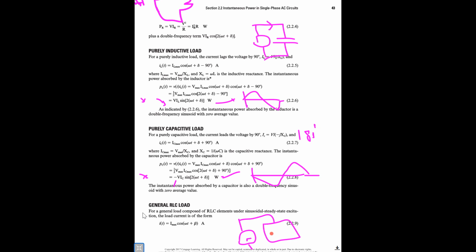In this network, we have at the same time resistive, inductive, and capacitive. This means the general RLC load. I want to write p(t), the instantaneous power absorbed by the general RLC. Okay, no problem.